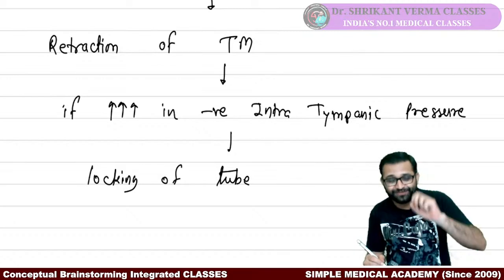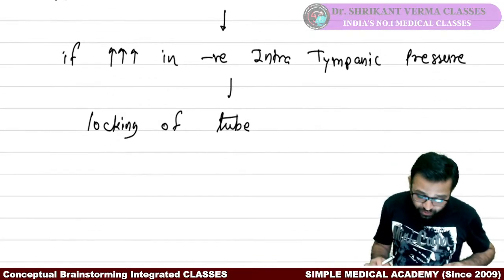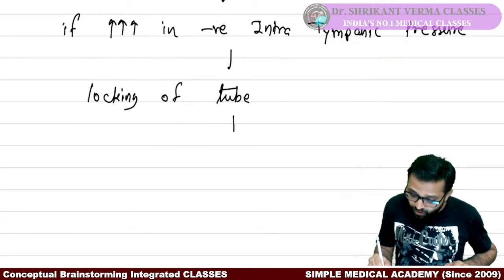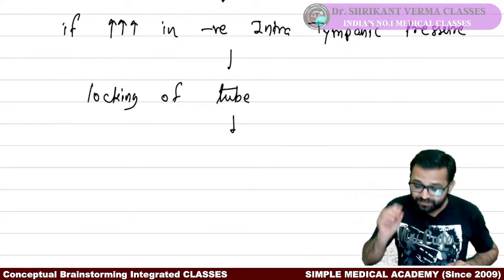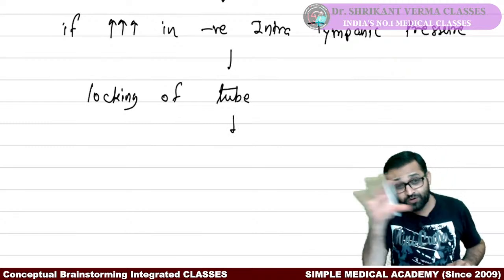The auditory tube will get locked. Now try to understand what will happen due to all this. Yes, now it is a closed pathway.